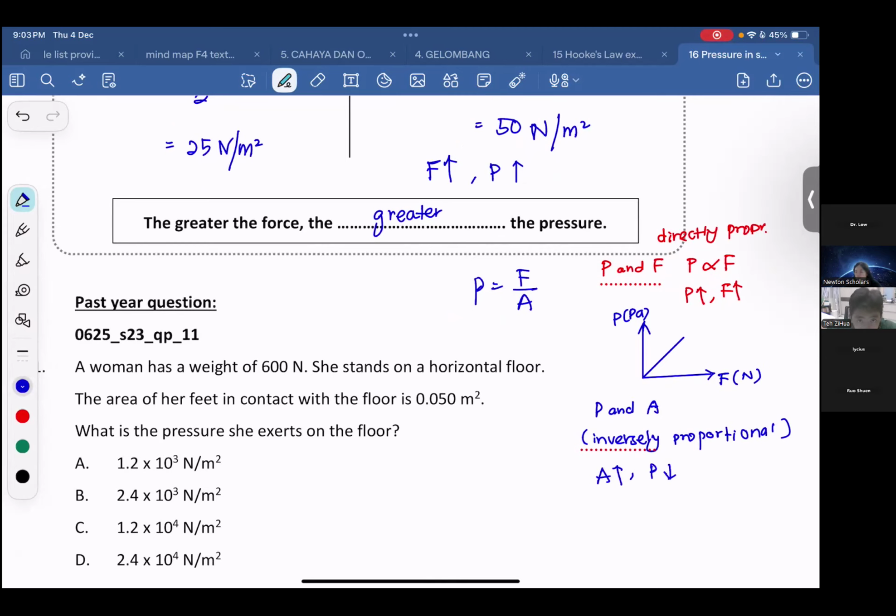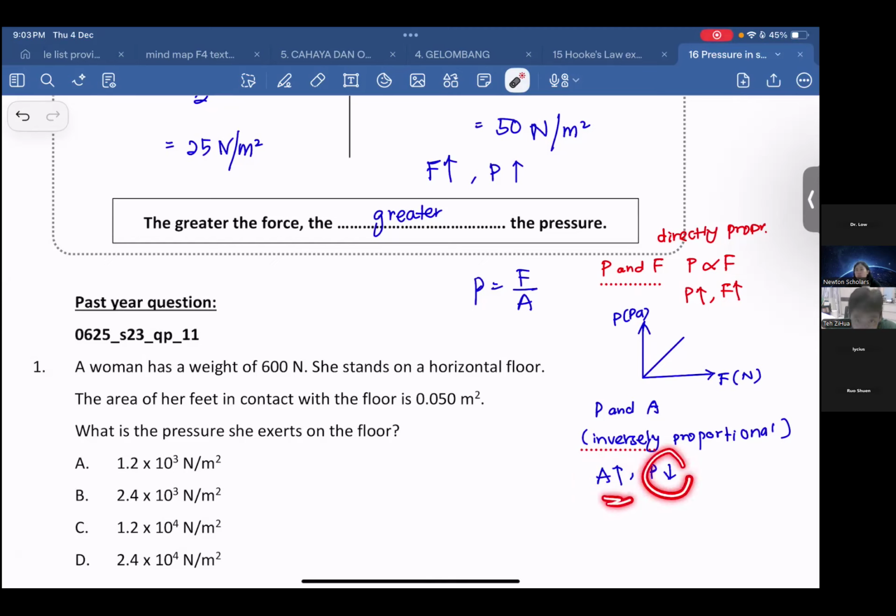So imagine, girls, if we wear sports shoes, we can run in the field. It's because sports shoes have a larger surface area, so small pressure acts on the field. But if today you wear high heel shoes, the surface area becomes smaller.